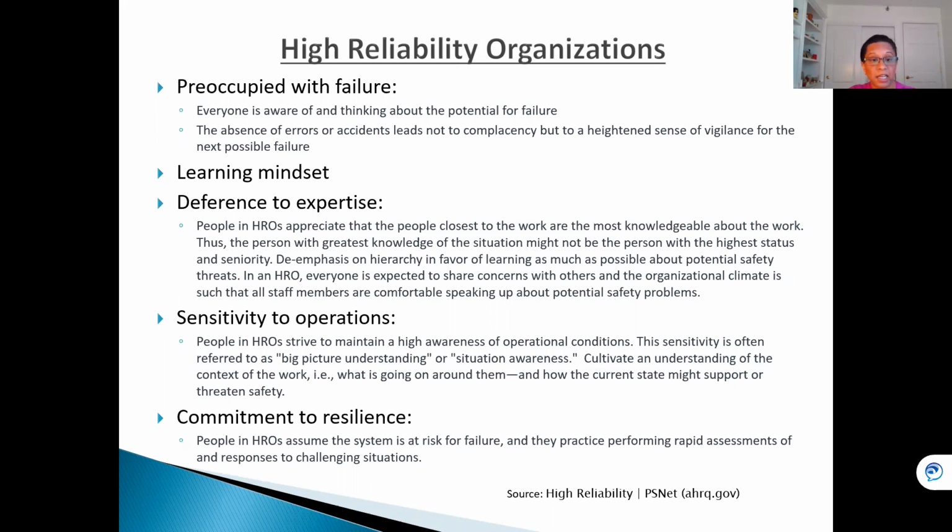They defer to experts. So when we work in teams, everyone has their subject matter expert where they're focusing. And within an HRO, people keep in mind that someone who's closest to the work is the person who knows that part of the work the most. So it's not about, let's go ask the CEO, the leadership, the C-suite, what do we need to do to solve this? And they're the ones figuring it out in their own silo echo chamber. No, you need to involve the entire team, because the entire team ultimately is part of who is involved in providing the care.